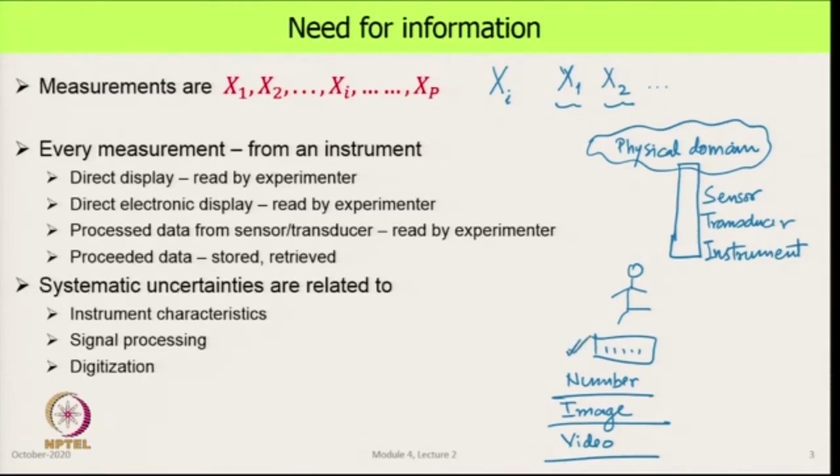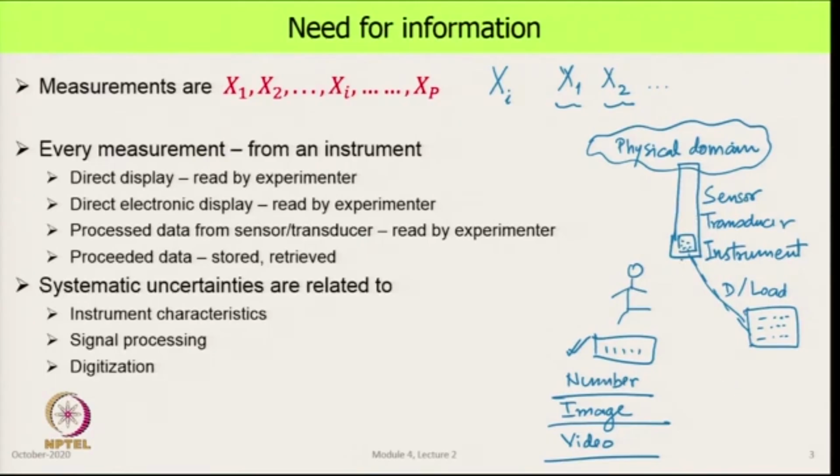The other thing that could happen is that the instrument could itself store all the data there, and then we can download it to whatever device we are looking at, a PC or a laptop, or to the cloud, and then we have our data with us on which we can do analysis.